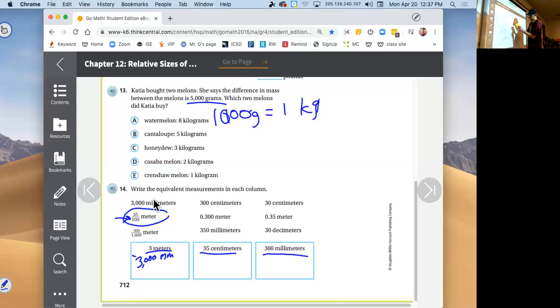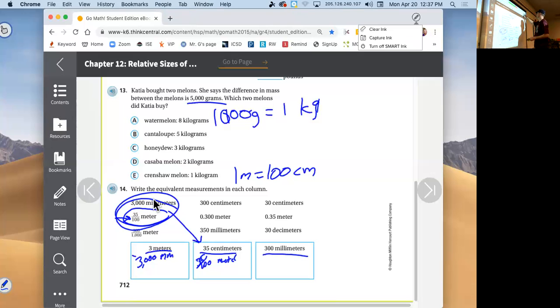If you look at your chart, 1 meter equals 100 centimeters. You have to have 100 of something to equal 1 meter. We know that is centimeters, so that one goes here. So 35 over 100 meters. Okay, so you finished the conversions on that page.